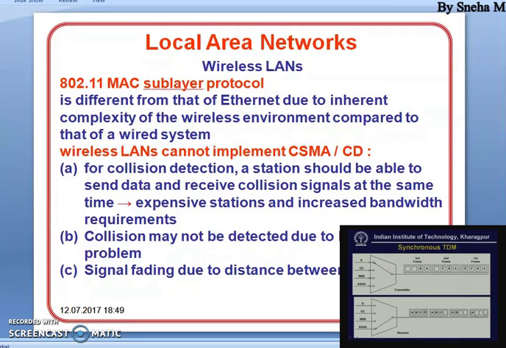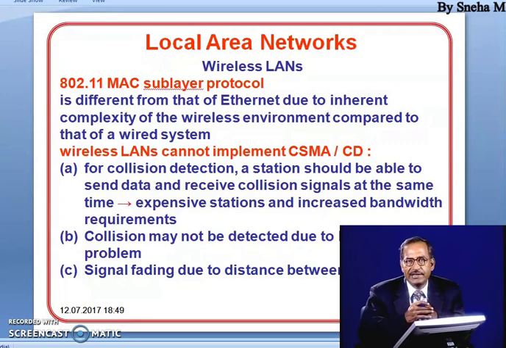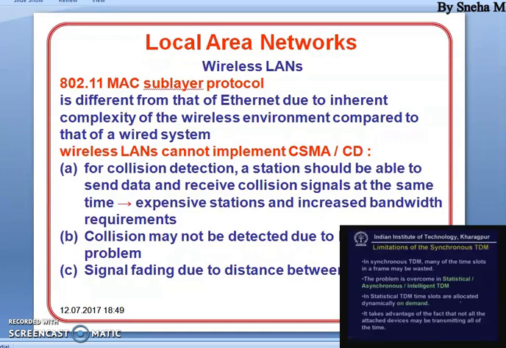The third reason could be signal fading due to distance between stations. Two stations which are having a collision may be far apart, so that the collision signal will be faded before it could be heard from the other station.